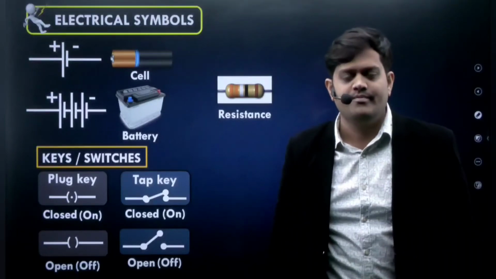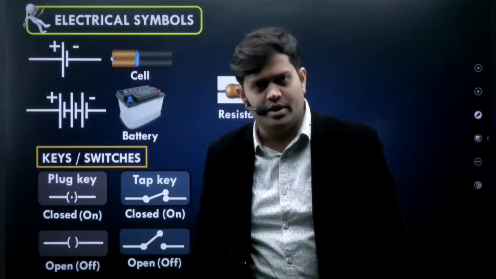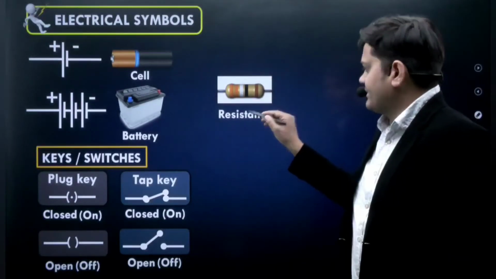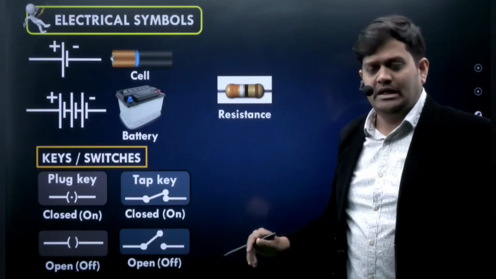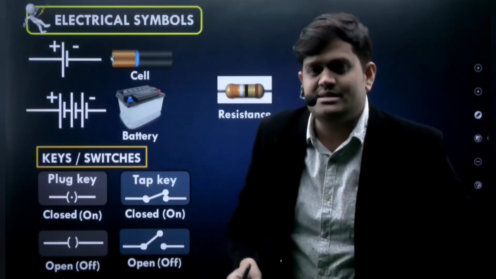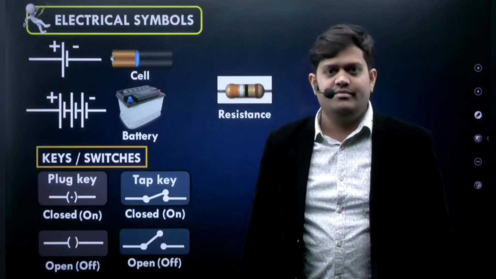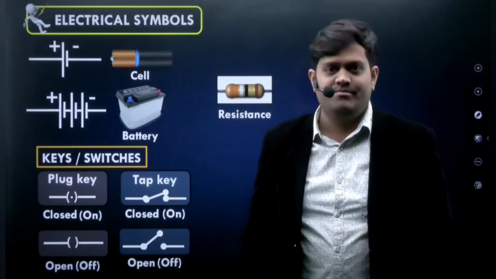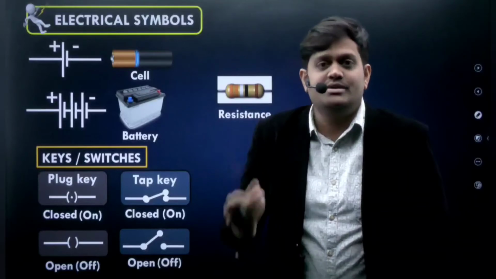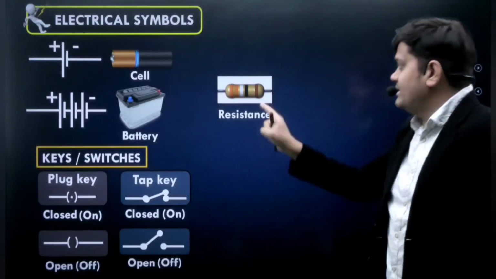Oppose is more, and if oppose is more, current is less. So the device, the electrical instrument that we prepare with resistance, is called a resistor, and the resistor looks like this.